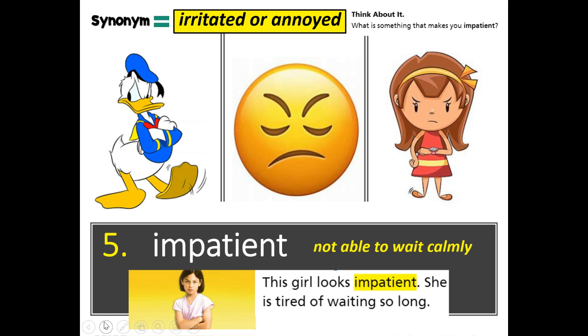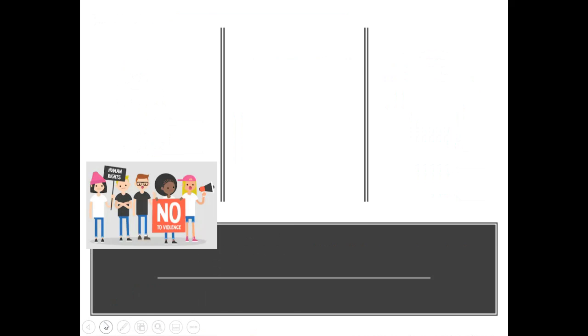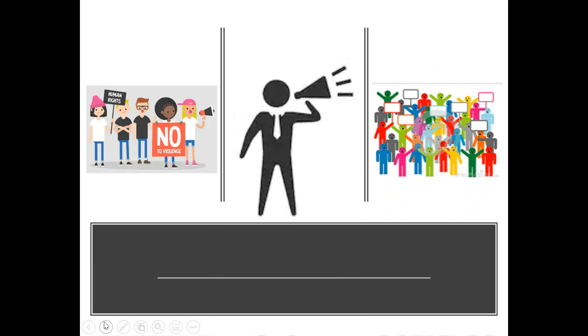What is something that makes you impatient? What makes you irritated, annoyed, and not able to wait calmly? Next group of pictures. What do you notice or see? I notice or I see.